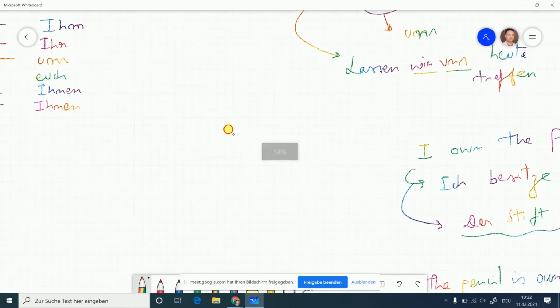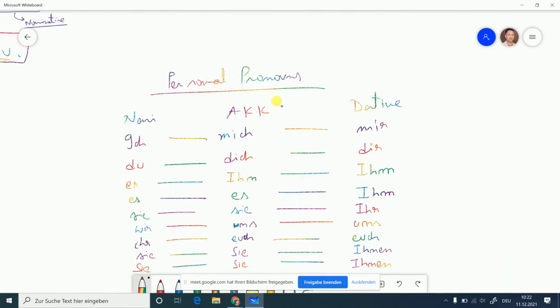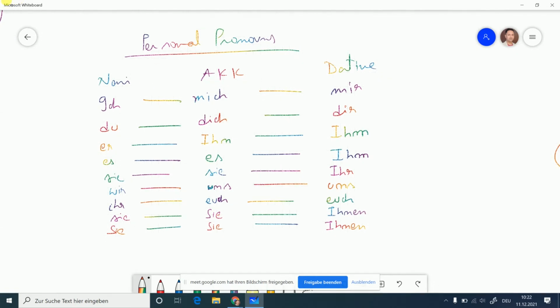I'll show an example here. If you focus on this table, this is basically to. You can use to in front of everything. To me becomes mir, dir is to you, to him.